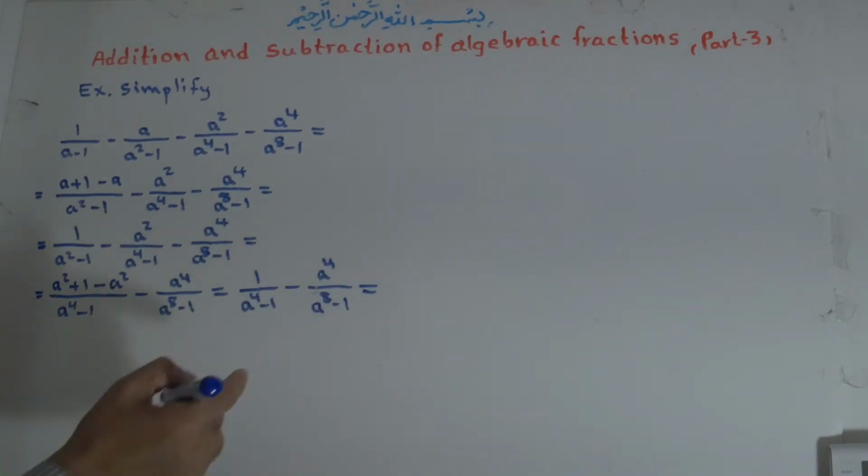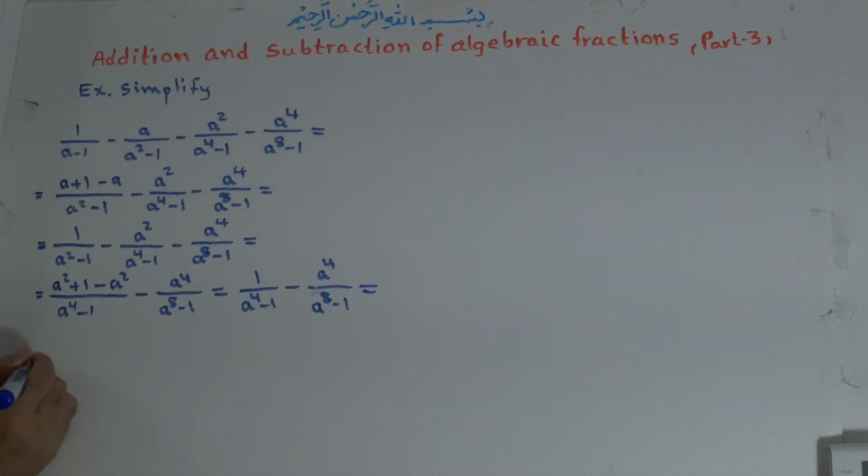Now between these two fractions, the common denominator is equal to a to the power of 8 minus 1. Now a to the power of 8 minus 1 divided by a to the power of 4 minus 1 is equal to a to the power of 4 plus 1.